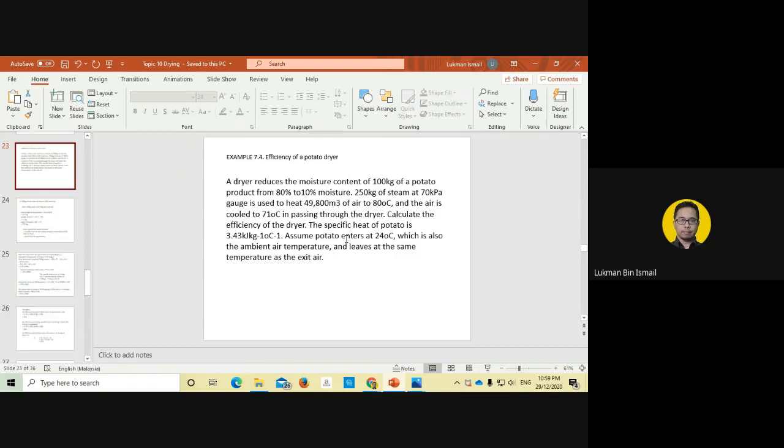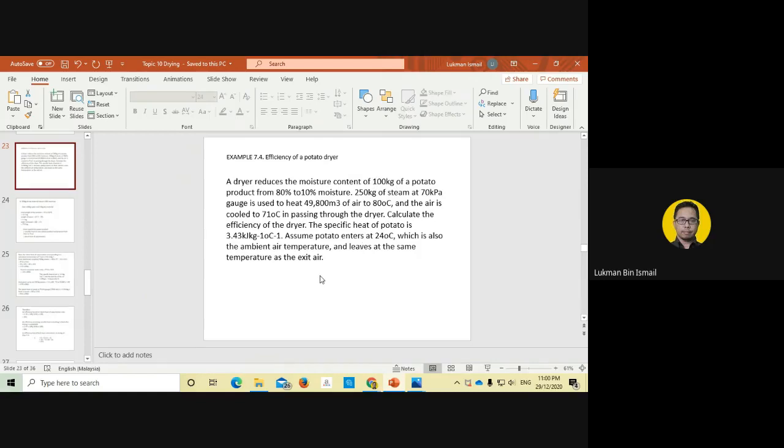Now I'm going to change the mass of potato, the weight of the potato, and the rest is the same. Just change the amount of potato and repeat the calculation.